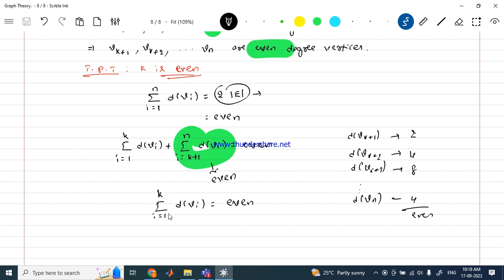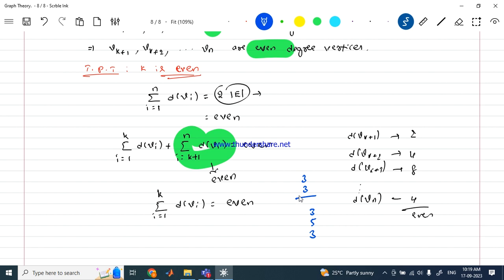Now, this summation is equal to even, and what we know is, if we add two odd numbers, say 3 plus 3, we get an even number. If I consider 3 plus 5 plus 3, this becomes what? An odd number.